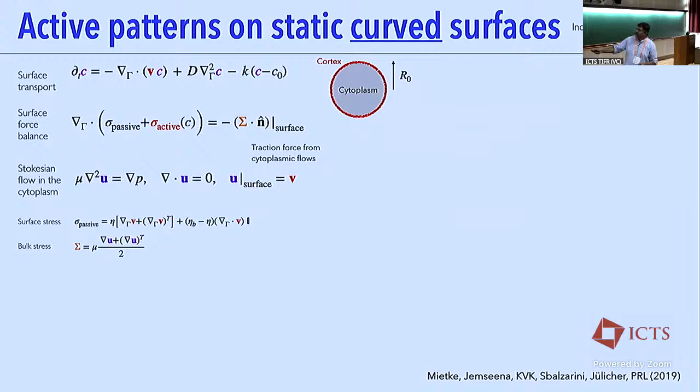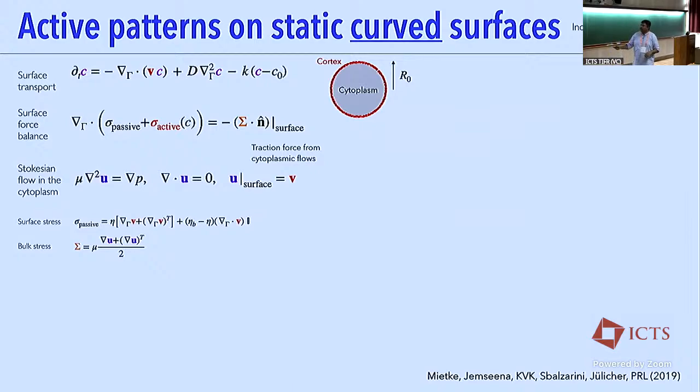Secondly, the normal component of the stresses that you generate in the bulk, evaluated on the surface, gives you the traction force. So if you remember, I had put gamma V earlier, that was an approximation. This is the full story where you can actually evaluate the total stress and look at the traction force on the surface.